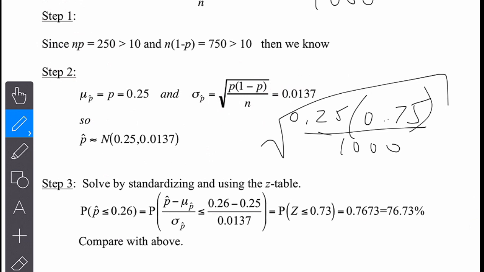You're going to multiply 0.25 times 0.75 divided by 1,000, and then use a square root to get this number. Okay, make sure you can get that. That will be the mean and standard deviation.